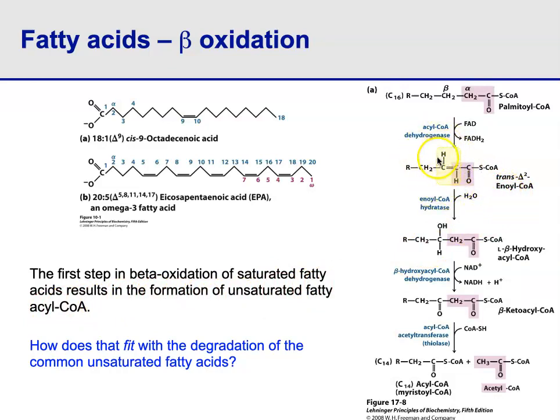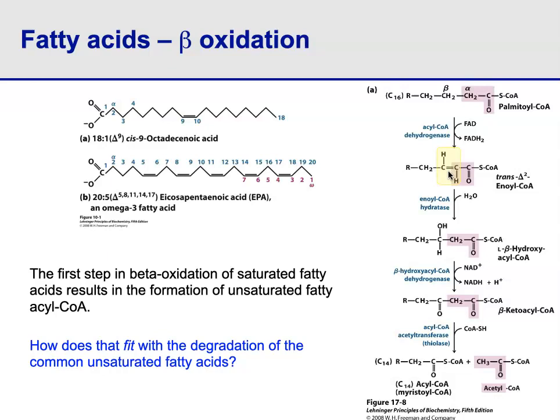You can see it. Trans delta 2 enoyl-CoA. It is an unsaturated fatty acid. That's the first step in beta oxidation. So how does that fit with the degradation of common unsaturated fatty acids? Does that make it easier, or does it make it more complicated? What do you think?